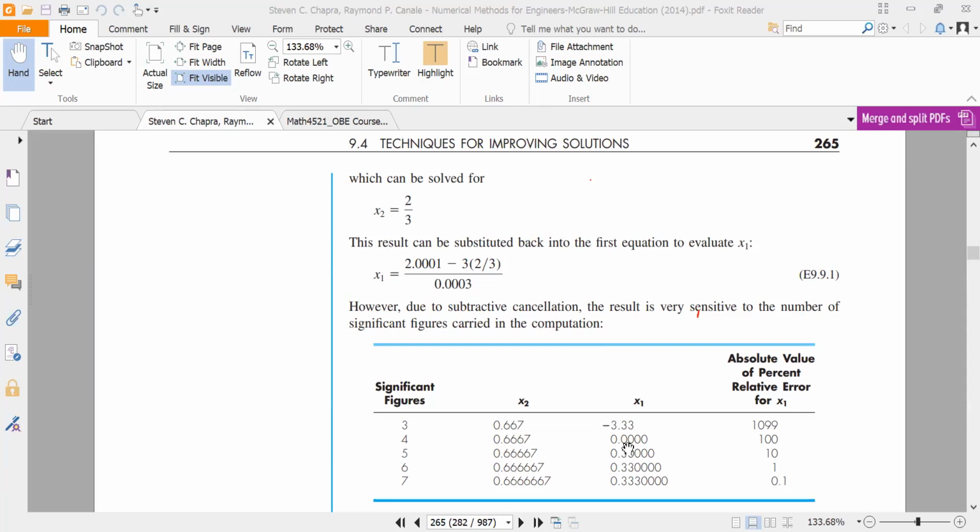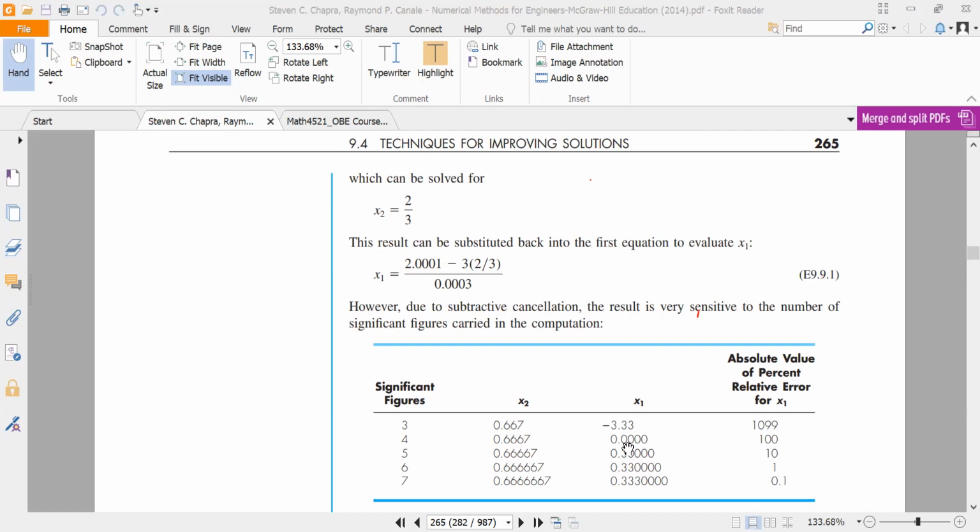If we have 3 significant figures, then 2 divided by 3 would be equal to 0.667. In this case, your x1 result would be equal to minus 3.33, which is far away from your actual result 1 by 3, and your error will be equal to this percentage.